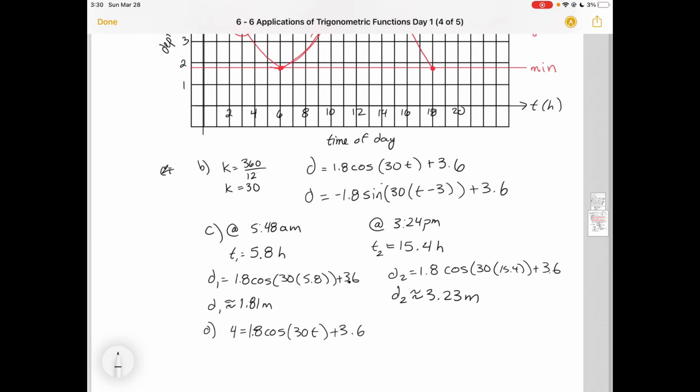I've got 4 minus 3.6 divided by 1.8 is 0.222 repeating, which is cosine of 30t. I'm going to take the cosine inverse of both sides and divide by 30 to figure out what t is equal to. So cos inverse of 0.22222 divided by 30 gives me about 2.57. Okay.